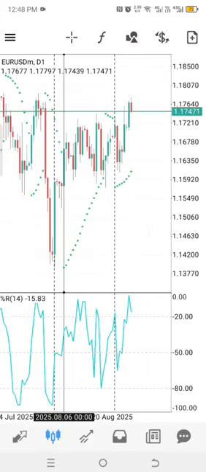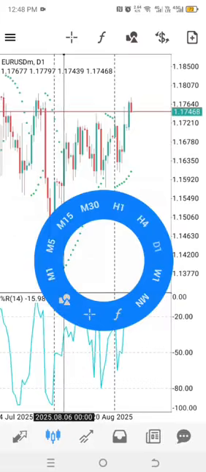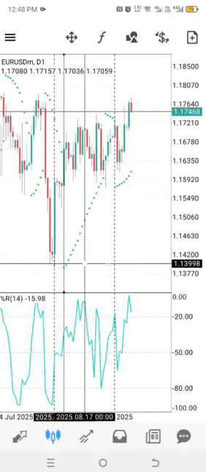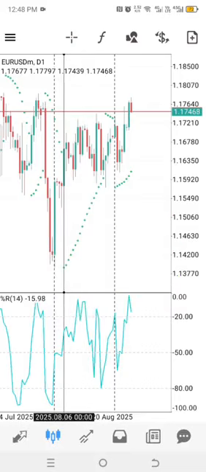Now what I'm going to do first of all is to go to the daily time frame. The first thing is to ensure that I see the start of the parabolic SAR. Once it prints on the daily time frame, as you can see, it has imprinted here, I'll move straight to the H4 chart.